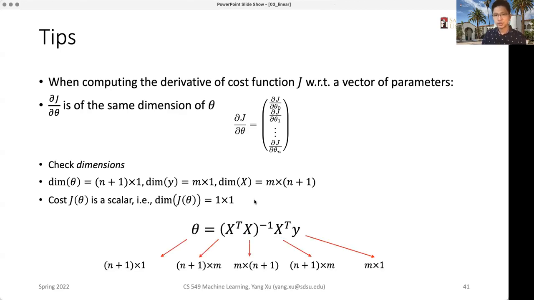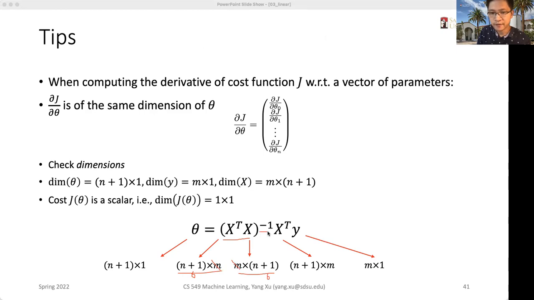Given this, we can quickly check the multiplication between X transpose and X: n+1 by m multiplied with m by n+1. The m is eliminated, and the result is n+1 by n+1.